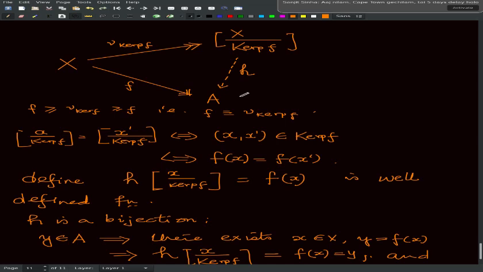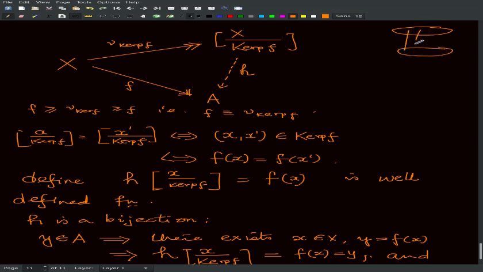Remember those three diagrams. So the stock of a bijection always looks like this. Everything over here that you take, you will have a unique pre-image, right? So that's the idea behind a bijection, correct?